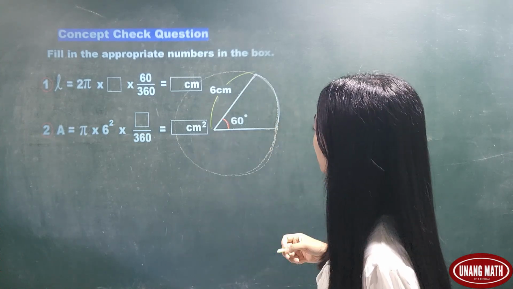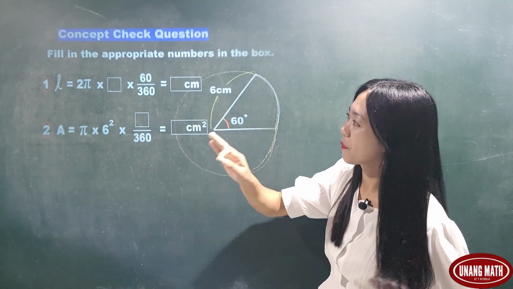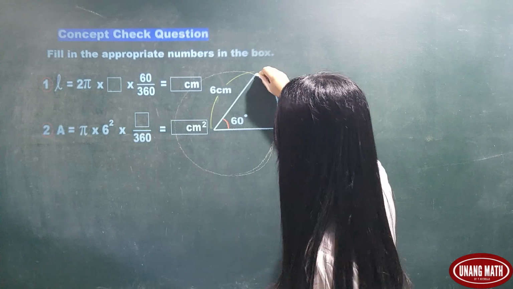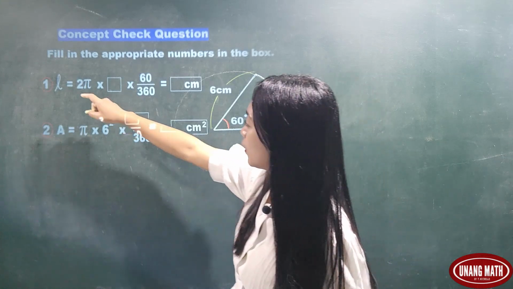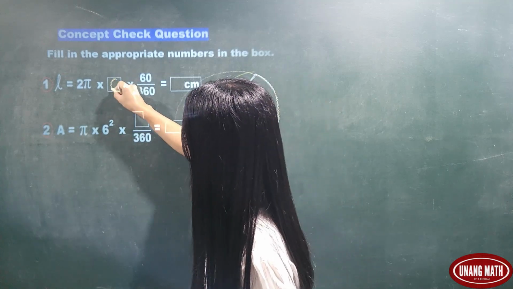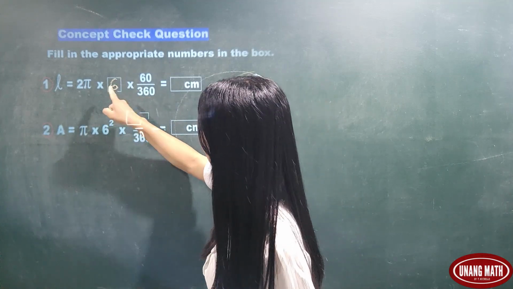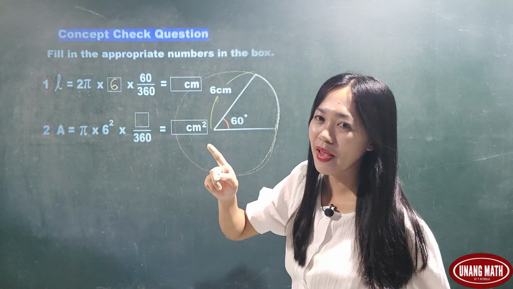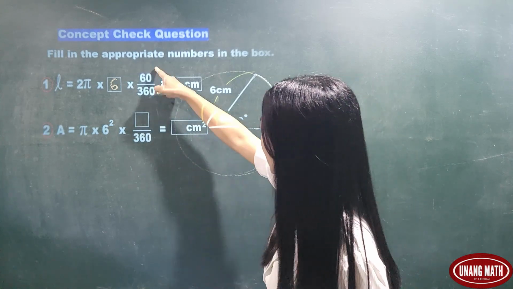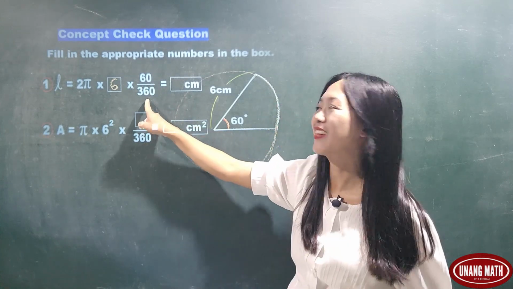Radius is 6 centimeters. To find the length of this arc, 2 pi r, so the radius is 6. So 2 pi times 6 times the ratio of the central angle to the whole, which is 60 over 360.